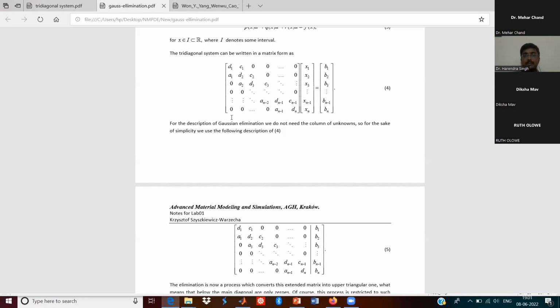So this entry will be 0. That entry will change, and this entry remains the same because here is 0; if you perform an operation by multiplying this one, this entry will remain unchanged. So this entry will be 0, this will be changed, and b2 will also change accordingly, because we are performing the same operation on it.